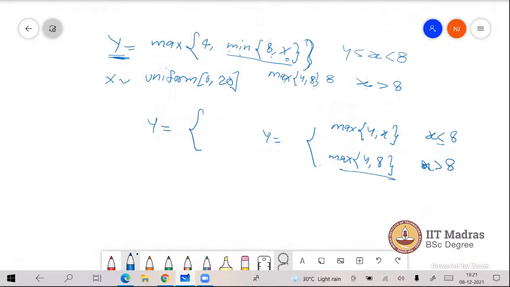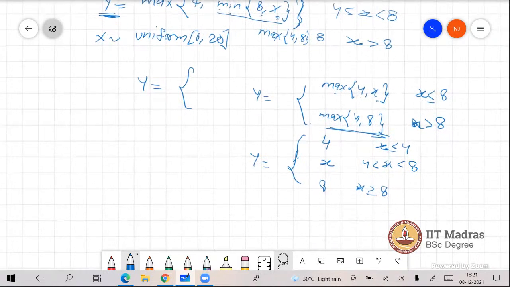Now whenever x is greater than 4, what is the maximum of 4 and x? x, right? So whenever x is greater than 4, your Y will take x, and whenever x is less than 4, it will be 4. So this is your Y.